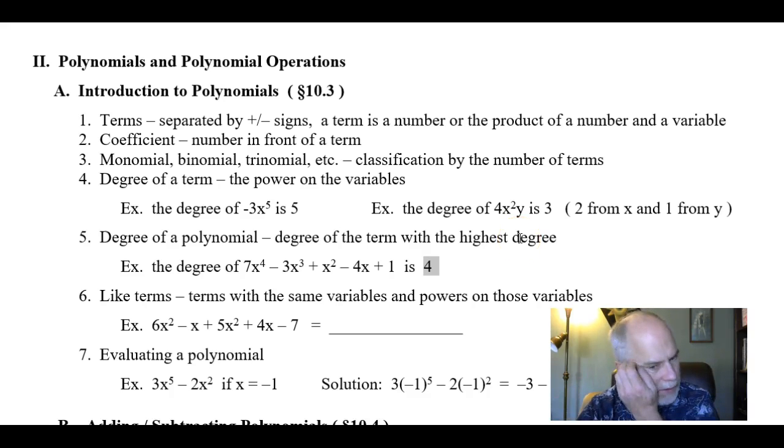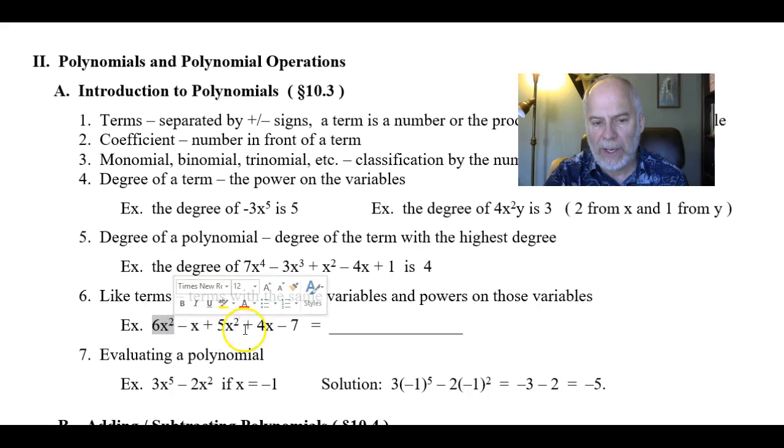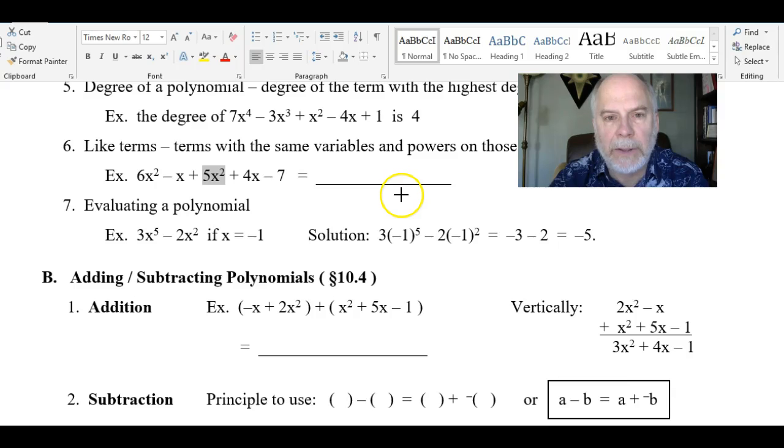All right? Now, like terms can be discussed in reference to a polynomial. Like terms are terms that have the same variables and the same powers on those variables. So in this expression, I have 6x to the second power, and I also have a 5x to the second power, 5x squared.